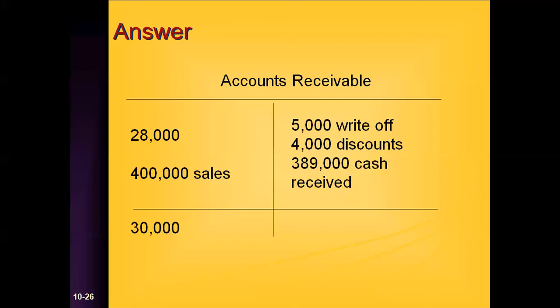You have a $5,000 write-off of an uncollectible account. And then you have discounts associated with the $400,000 sales, which you credit. You got some cash in, which is good, $389,000, and so you credit that, and then your ending balance in the accounts receivable account is $30,000.